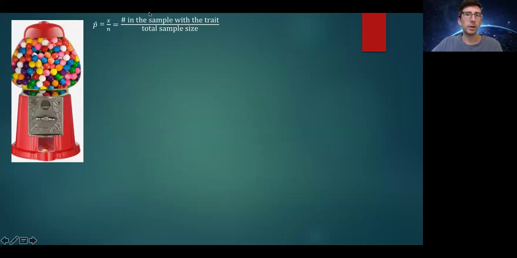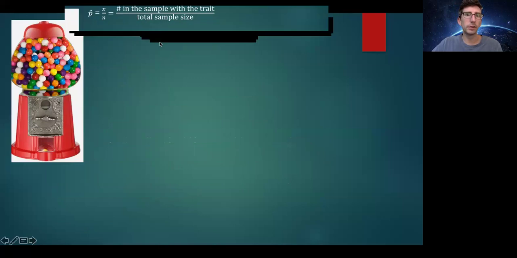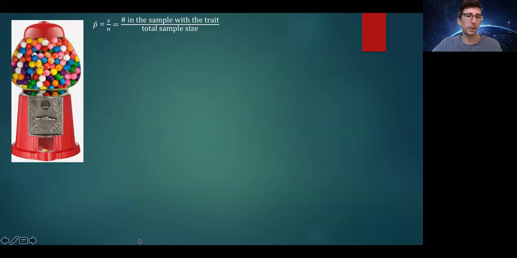So let's take a step back and think about how the central limit theorem applies to our proportions, kind of like we did for our sample means, right? So let's say we take a starting population of this gumball machine, and you can see it's got multiple colors.